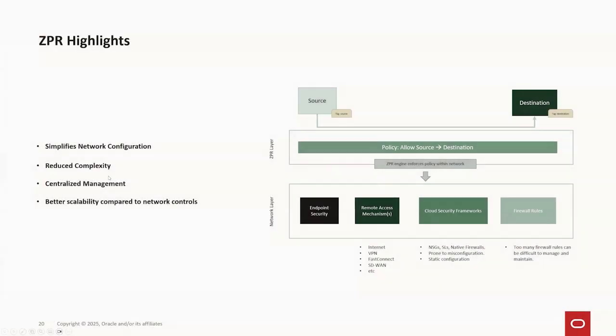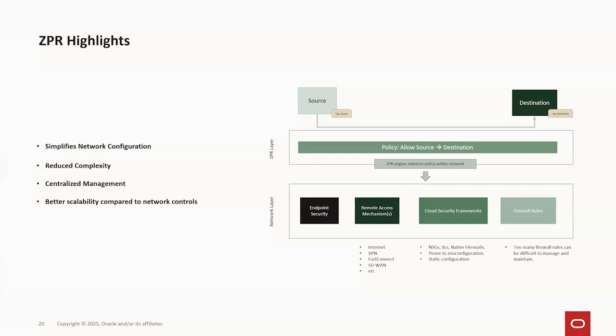Let's talk about highlights. We saw that it simplifies the network configuration. And how does it do that? Well, you're basically moving the fine-grained controls to the Zipper layer. So you're making your network a little less convoluted related to rules, right?